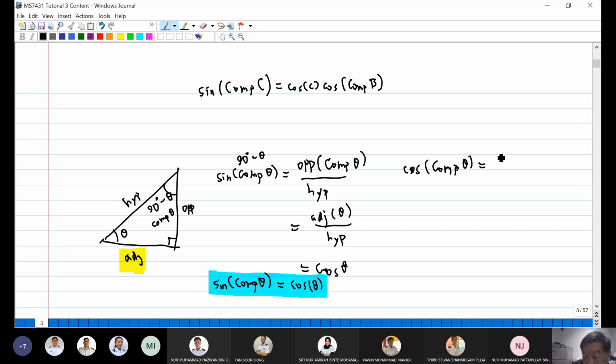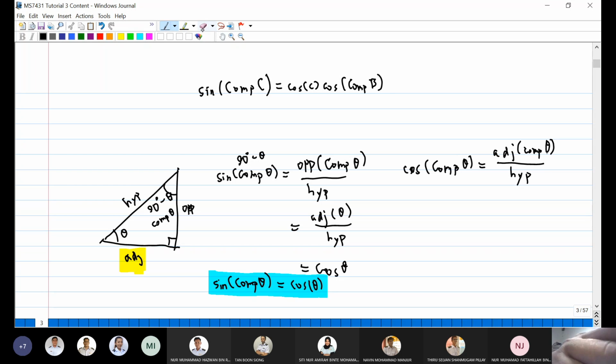Cosine means adjacent over hypotenuse, so it is the adjacent of co-theta over the hypotenuse here.